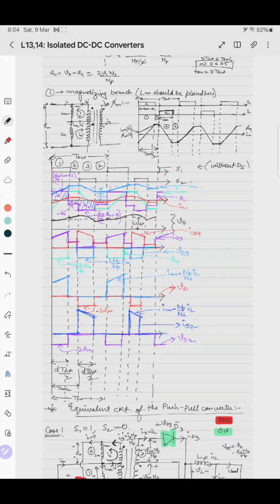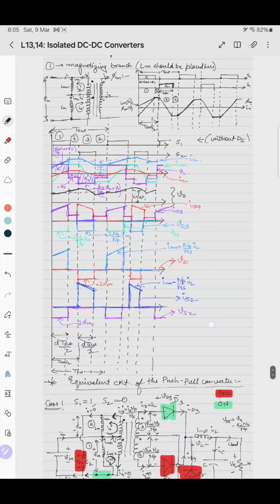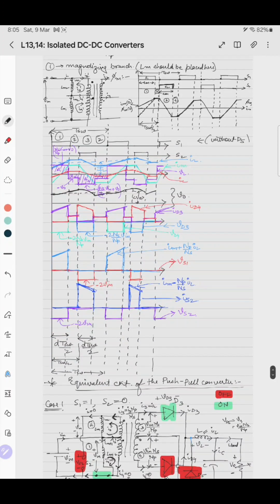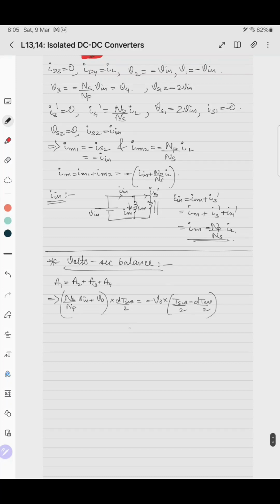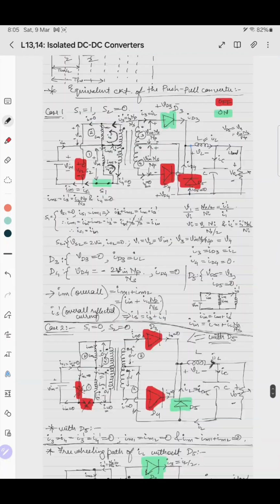So it is minus of Ns by Np into V in plus V naught into T switching by 2.